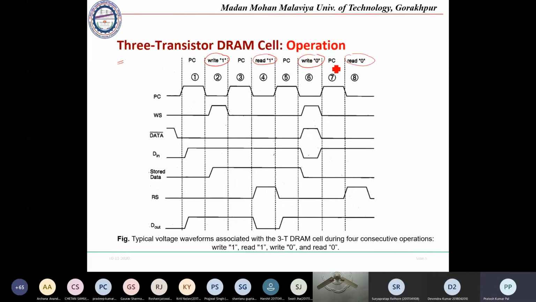For the different operations, we will see one by one how the different signals should be activated. Before performing any operation, we will be activating the pre-charge. So similar to the SRAM, in DRAM also we will be having pre-charge.